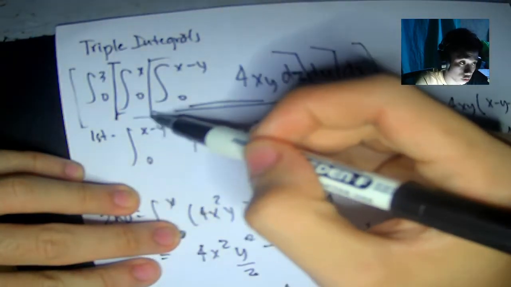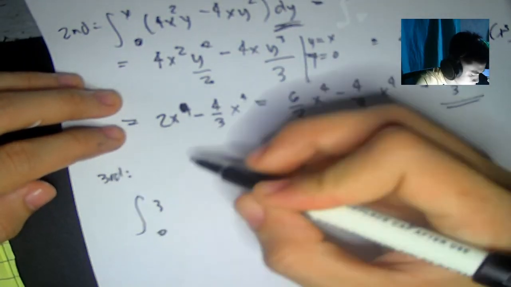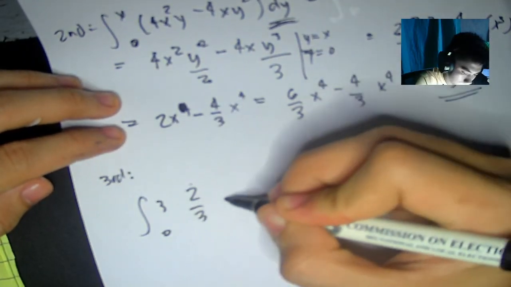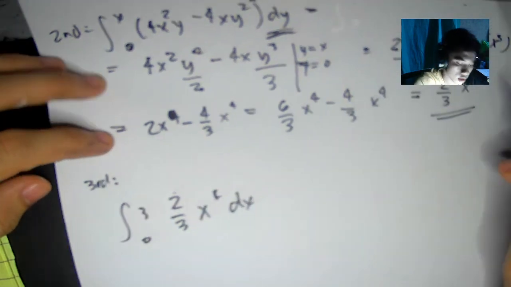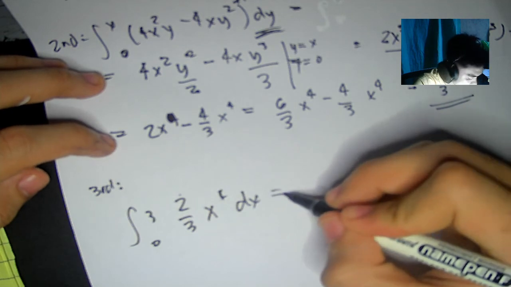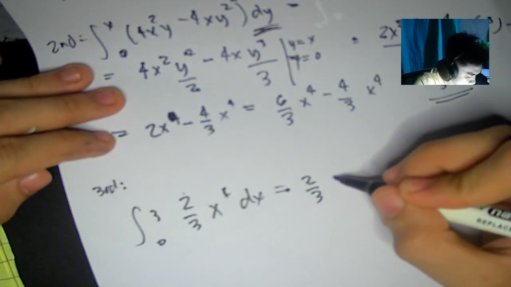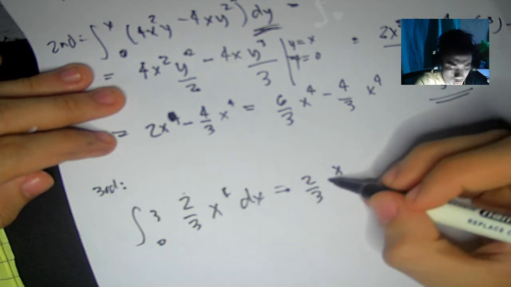There we have the value of these two. So right now we'll do it. From 3 to 0, 2 thirds x to the fourth dx. Now we're dealing with x, so we're now integrating x. So we'll have our final answer after. So 2 thirds and x to the fourth. What happens to the x to the fourth?